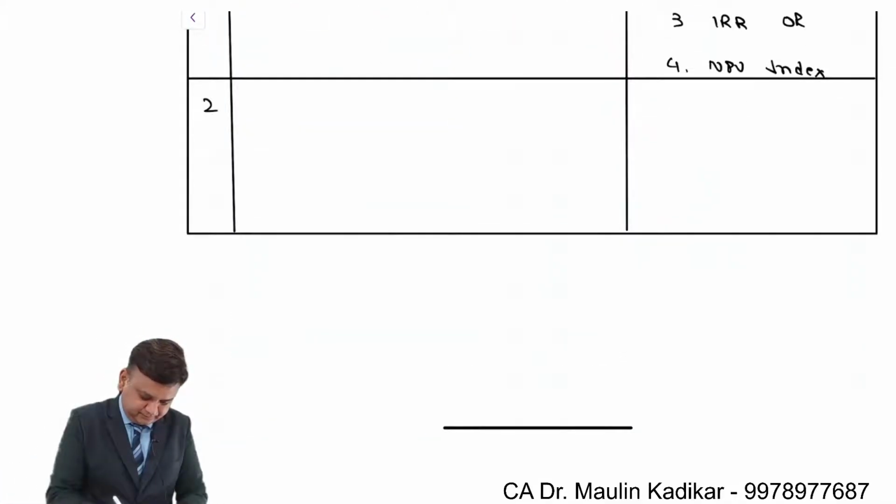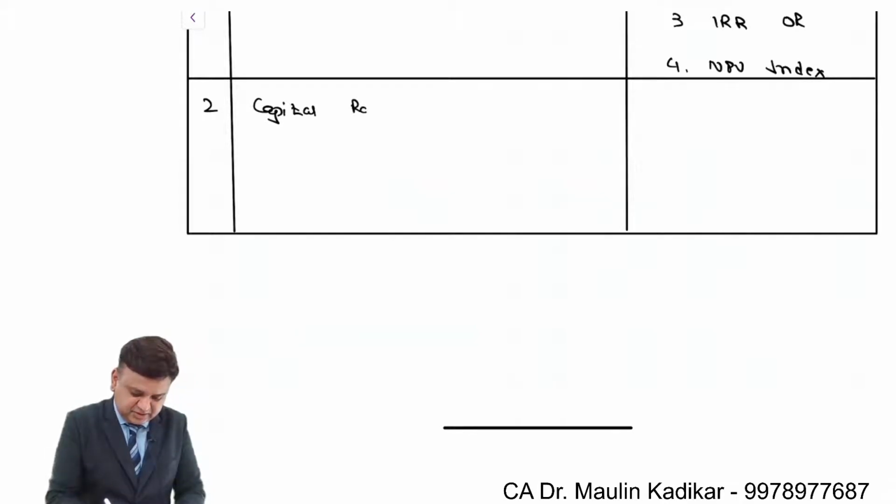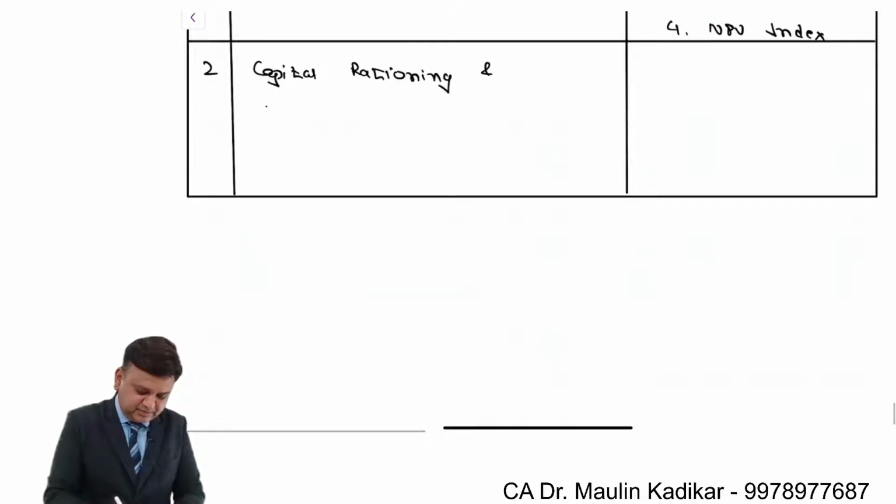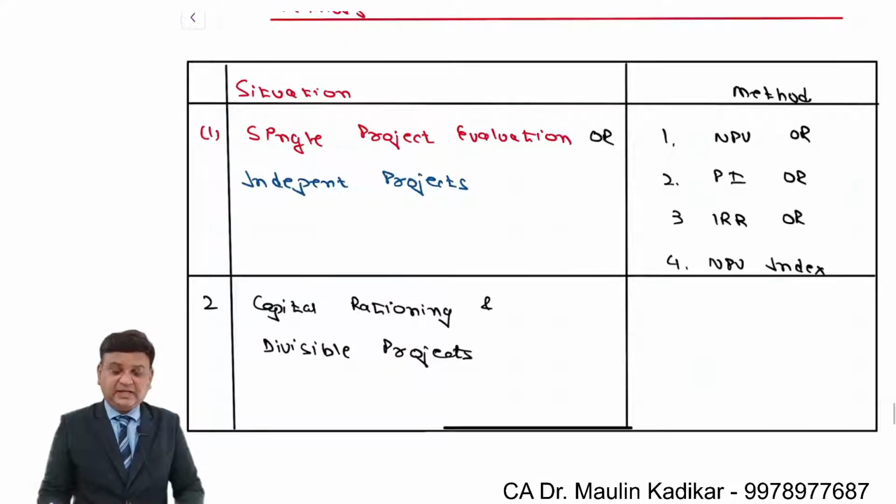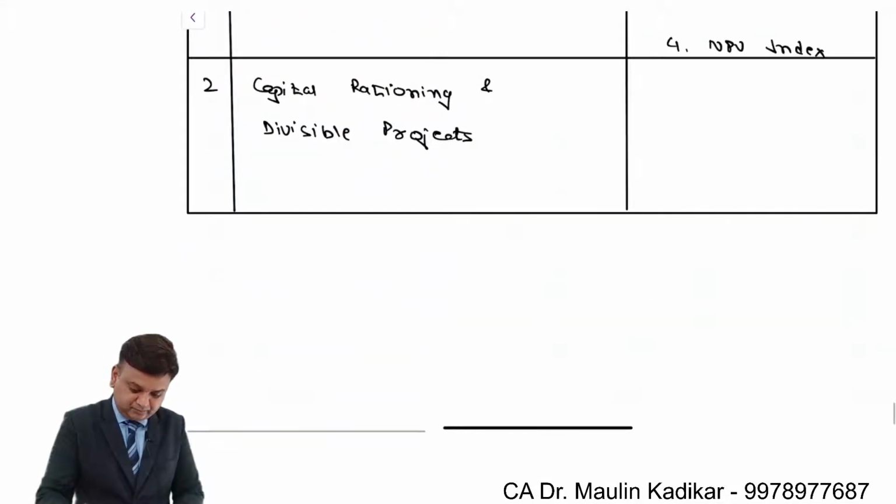Second, capital rationing and divisible projects. In that case, profitability index or NPV index.